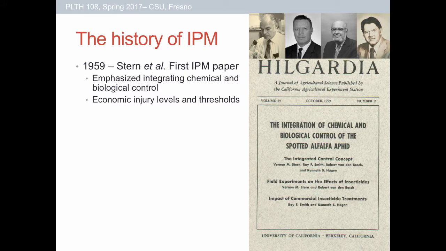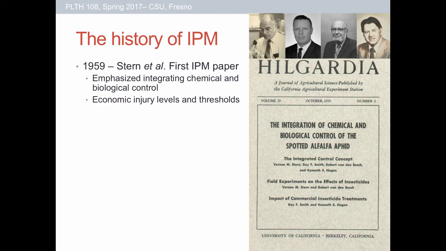So let's talk about how we can tell if IPM actually works. Just to jump back, IPM was established about 58 years ago with the publication by Stern et al., really the first IPM paper, the integrated control concept. They basically established IPM by saying we should really try to integrate chemical and biological control so we're not killing our natural enemies all the time.